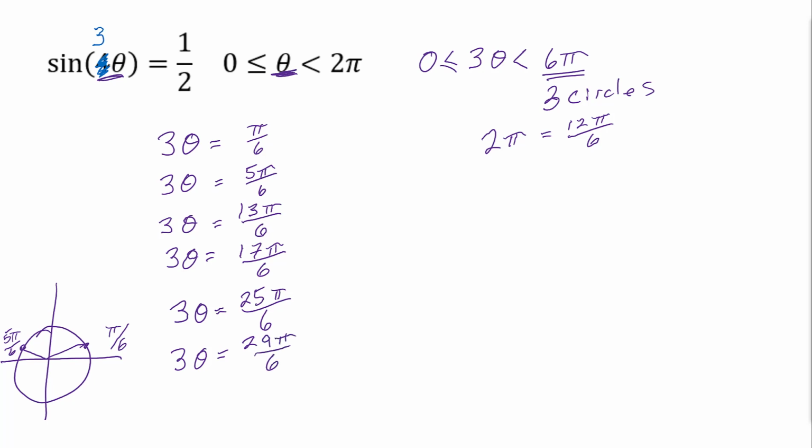And at this point I need to divide each of these equations all the way down by 3 to get theta by itself, because what I want to solve for is theta. I want a theta that is between 0 and 2 pi.